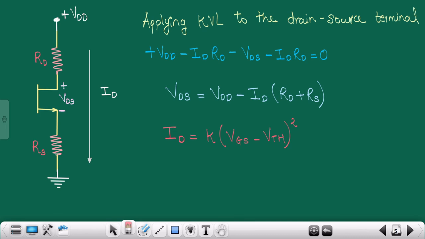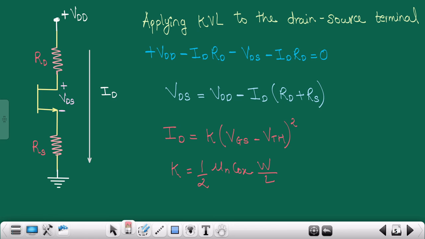It changes in the linear region, and in cutoff it is almost equivalent to 0, where K is half mu n Cox W by L. This value you will get with the help of semiconductors and electronic devices. You will understand how we got this equation.